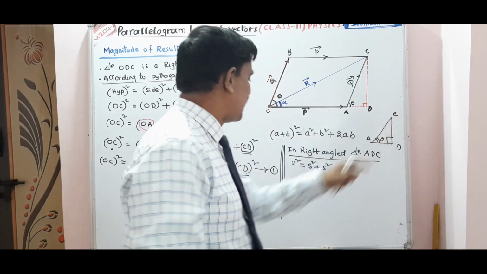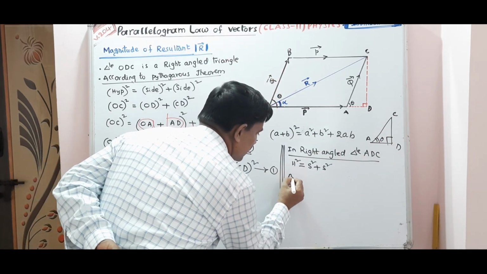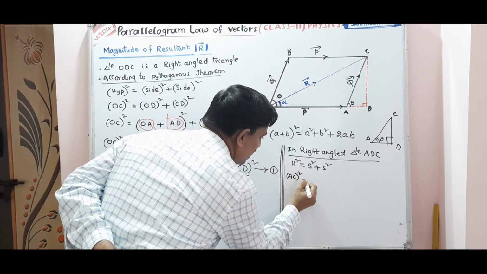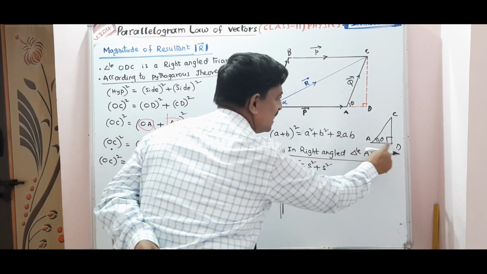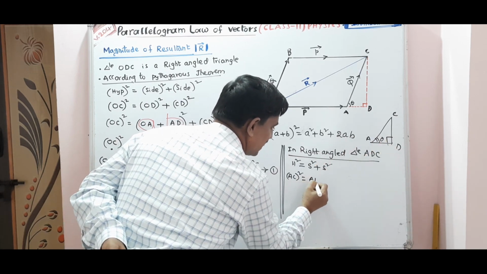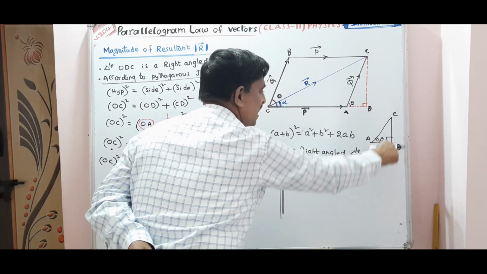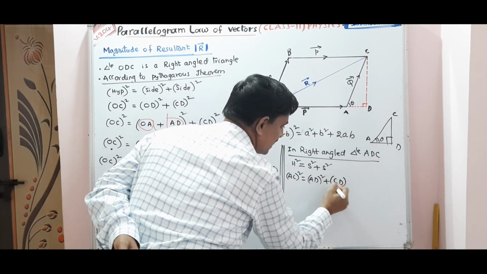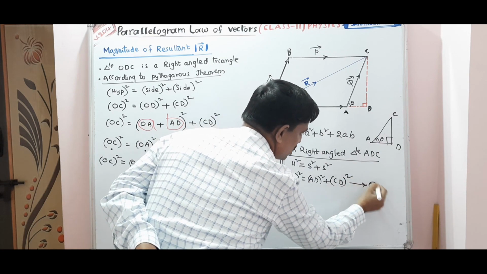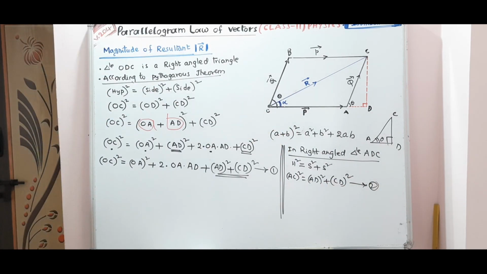Hypotenuse means AC square. One side is AD square, another side CD square. This equation I am calling as 2.